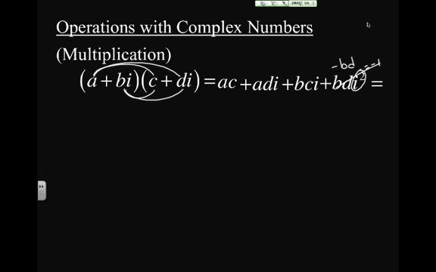So now when we add our like terms, we get ac minus bd, that's the real part, and then we can see ad plus bc. Those are the two parts that have the i on them. The key thing is just FOIL it, and then wherever you see an i squared, replace that with a -1. That's really what you have to focus on here.